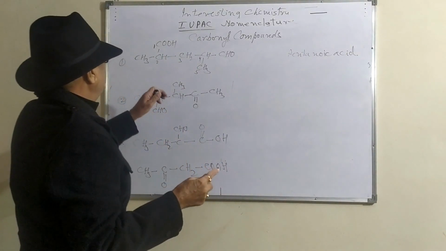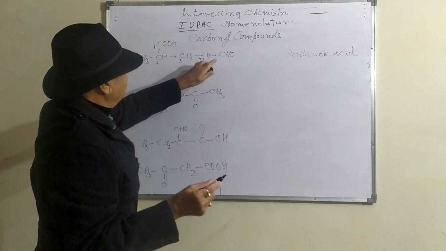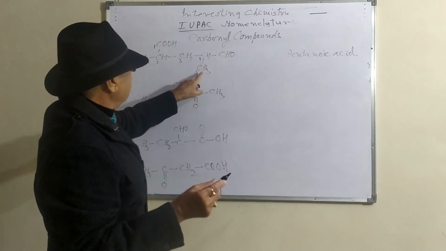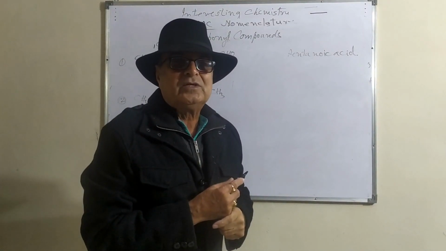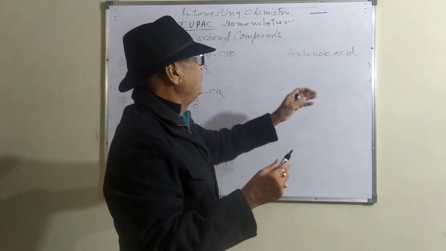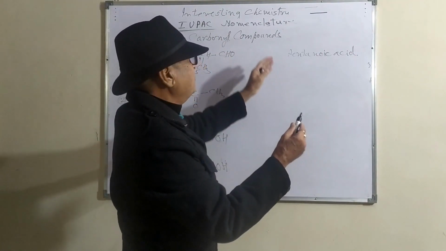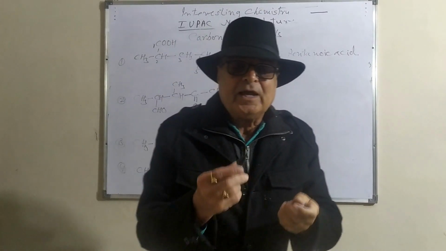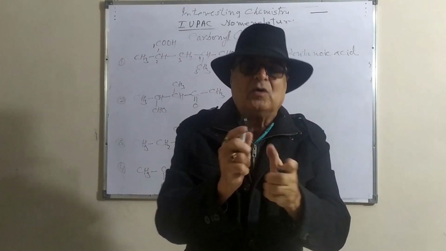So now you will write the CHO, since this CHO is a substituent group. The CHO is a substituent group, so it will be written on the left-hand side, in the place of the prefixes. So CHO is a prefix. So every functional group has two names.